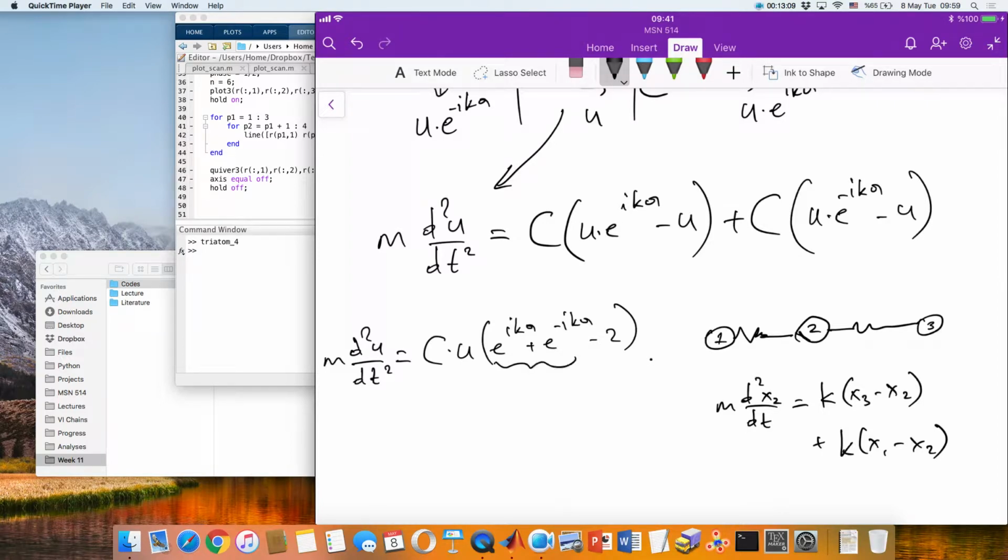What is this? 2 cosine, right? 2 cosine ka. Do you see that? So then this part is c times 2 times u times cosine ka minus 1. Okay?